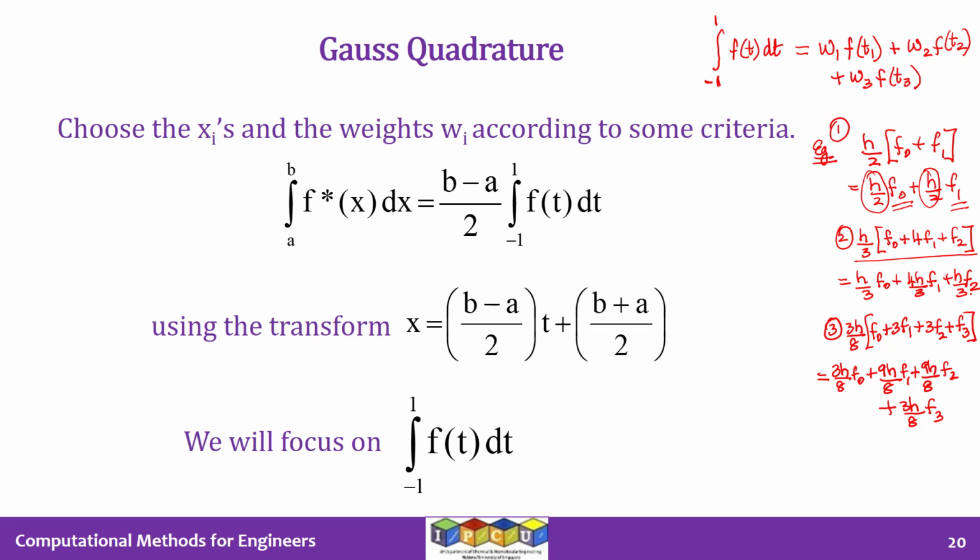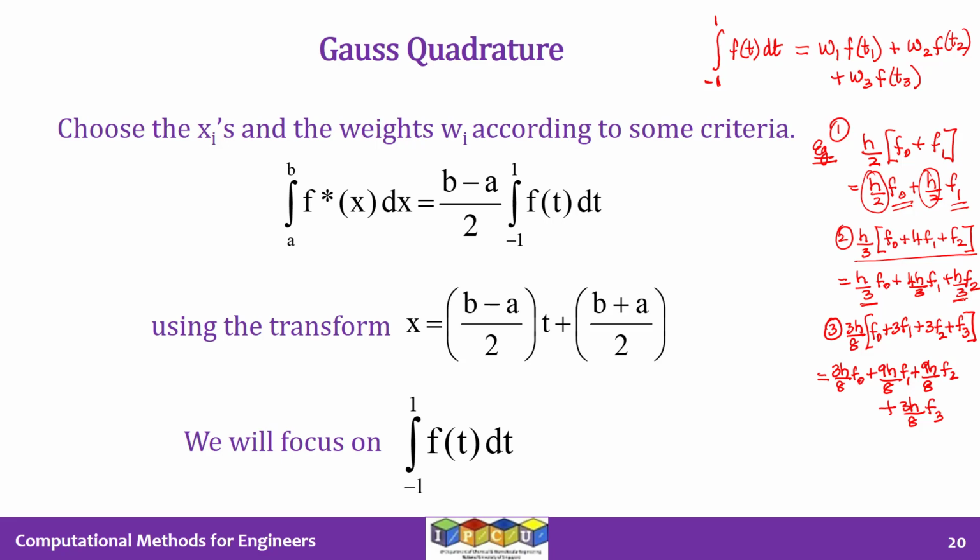Again, the integral evaluates to a weighted linear combination of the corresponding f values. f0 and f2 are given a weight of h by 3. f1 has a weight of 4h by 3, so the weight for f1 is 4 times the weight assigned for f0 and f2. Nevertheless, the integral equals a weighted combination of the f values.